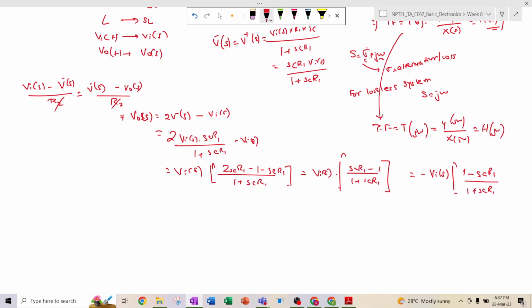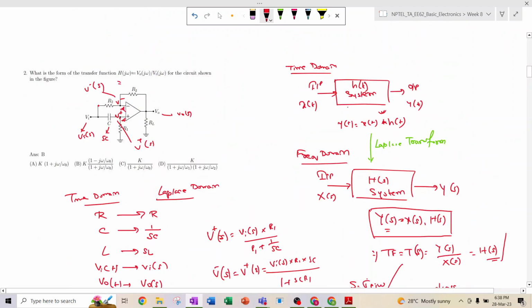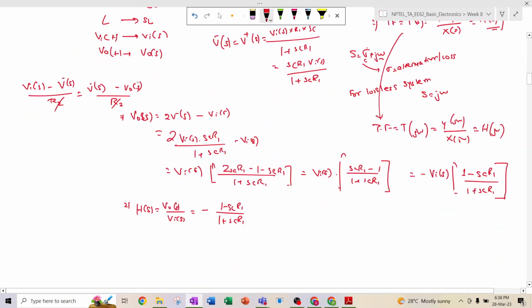So I am taking the minus common and writing it in the form 1 plus S something or 1 minus S something. The transfer function H of S is Vo of S divided by Vi of S, which is minus (1 minus SCR1) divided by 1 plus SCR1. Now the option is asking about the j omega form.